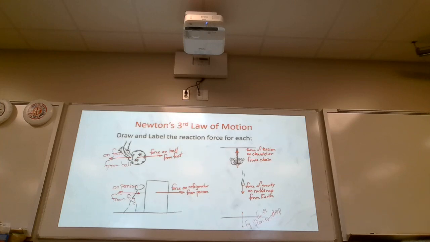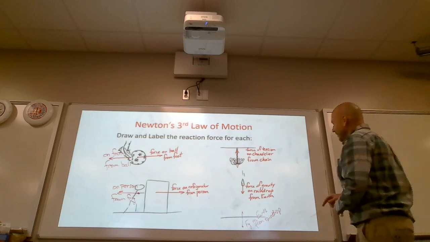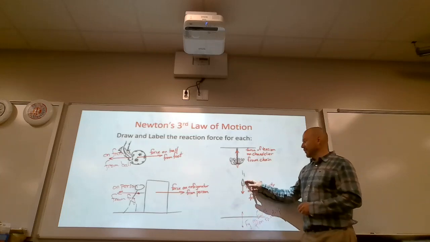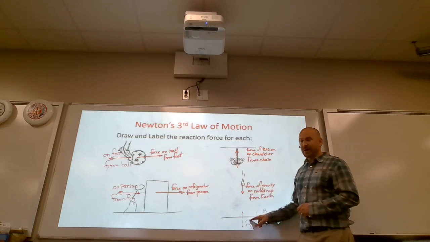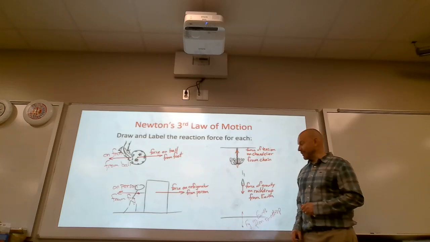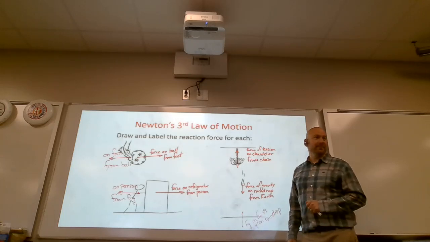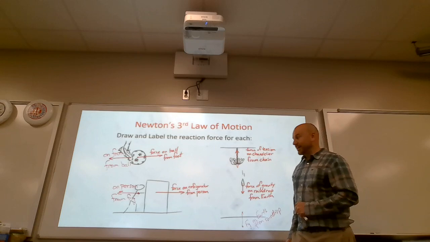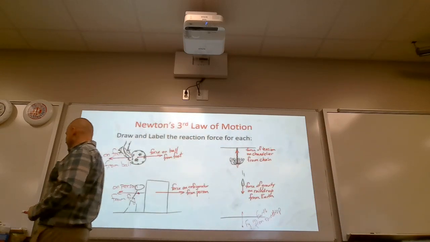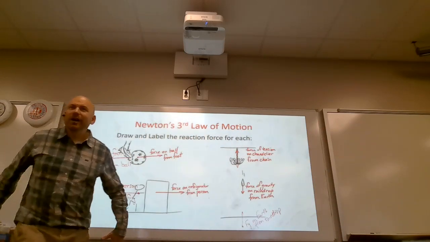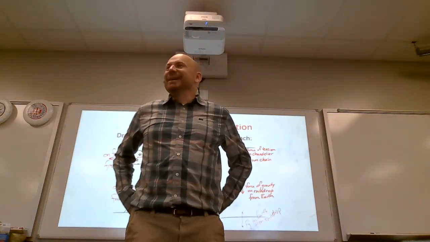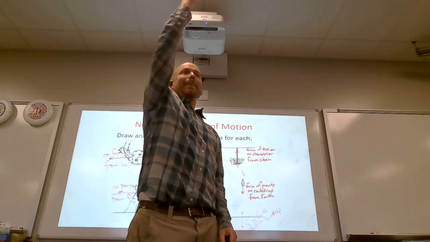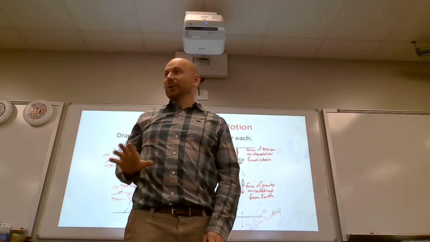So Newton's third law says if object A exerts a force on object B, then object B exerts an equal force back on object A in the opposite direction. The same amount of force. Whoa, that's weird. Okay, so wait a minute. If I jump, gravity's pulling me down. We're good with that.